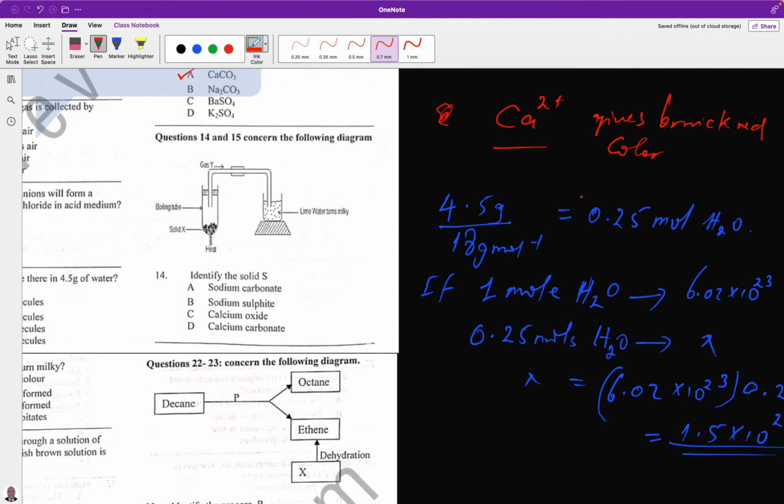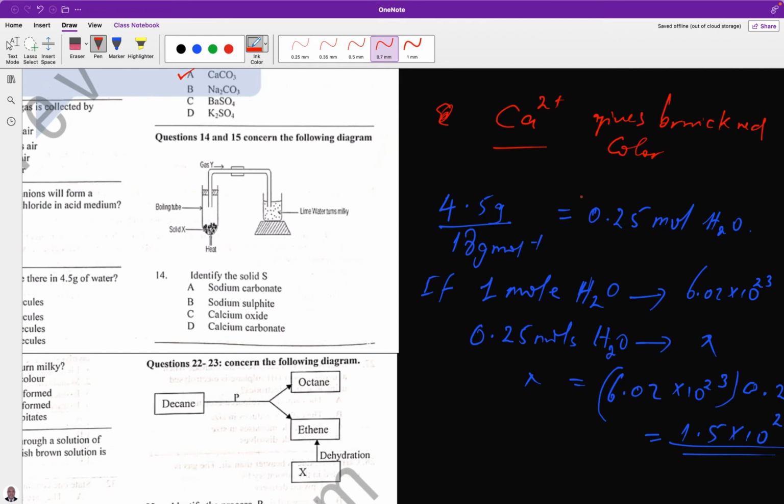The question reads, question number 14, identify the solid S. Remember, I said read the question, diagnose it very well, and deduce possible answers before visiting the answer. So now, the only substance that can give a reaction with lime water is a carbonate.